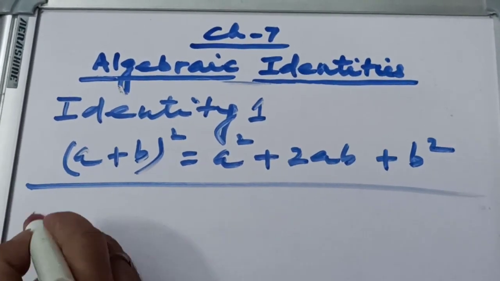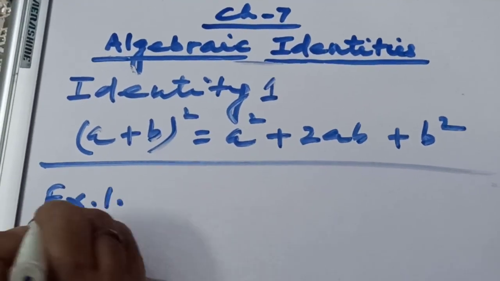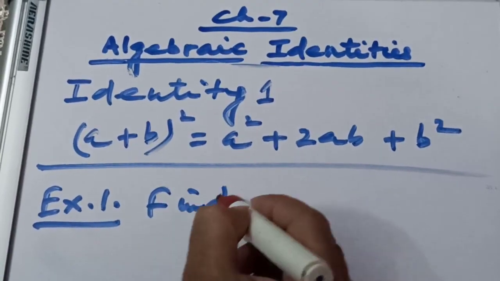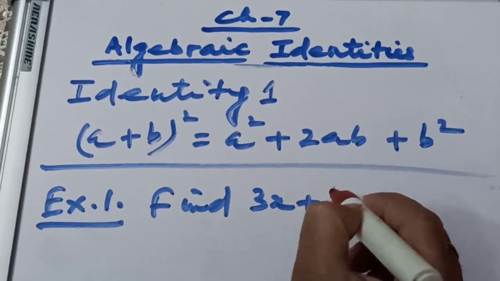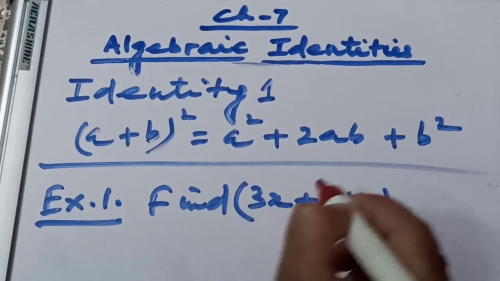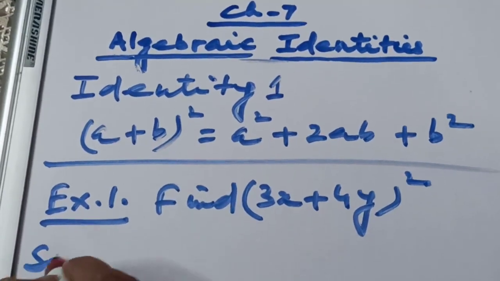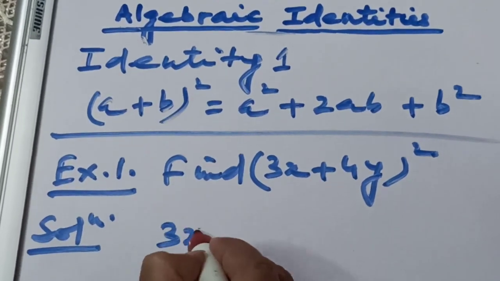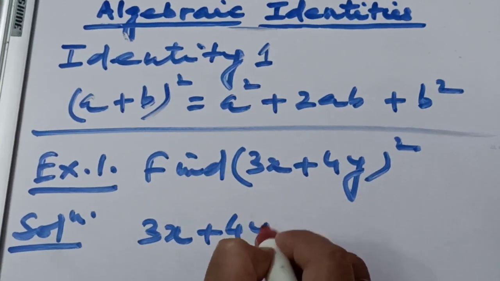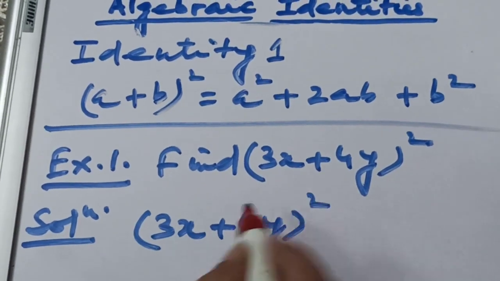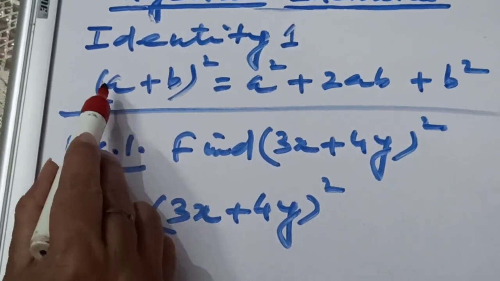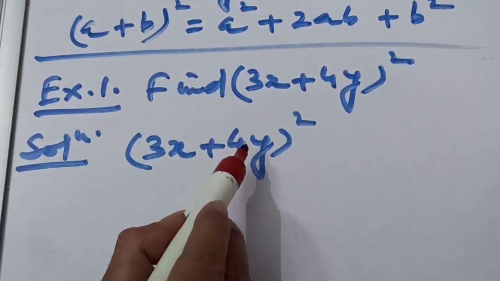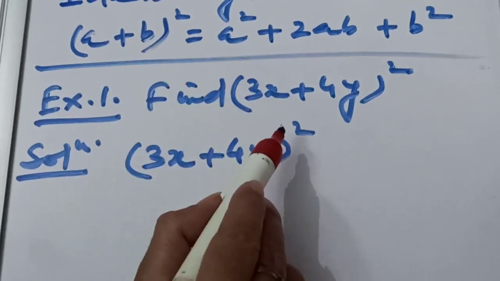So example 1: find (3x plus 4y) whole square. Solution: first you will write this question. That is a, plus, that is b, and whole square.